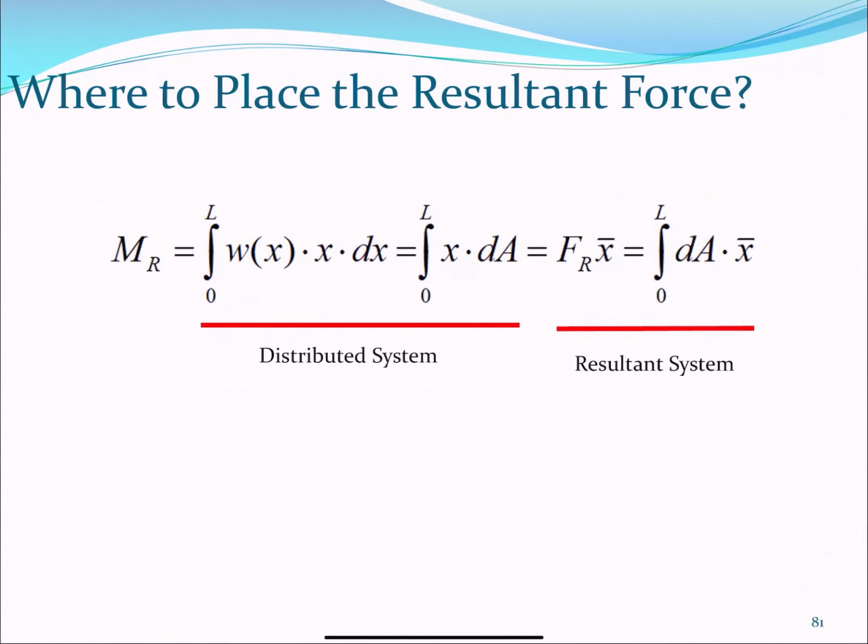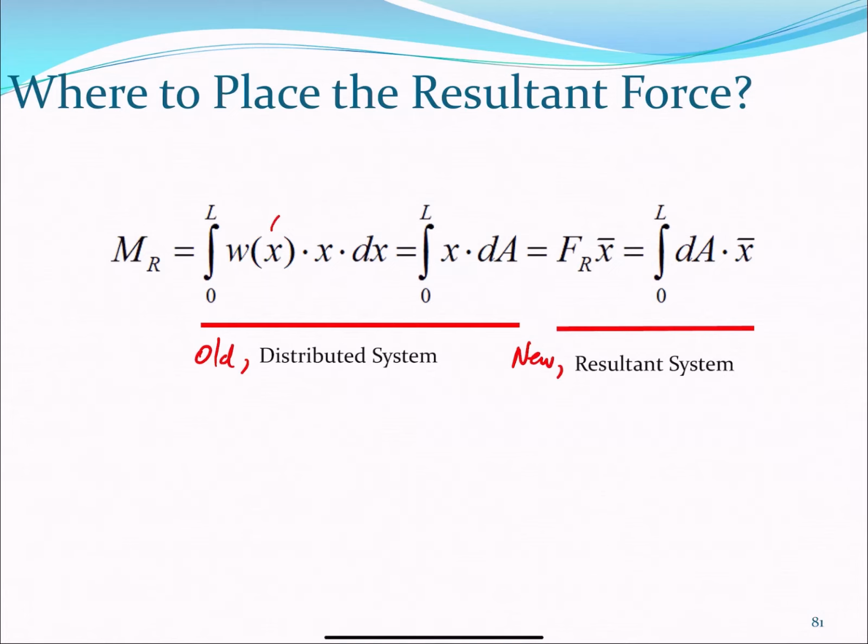So in a neat equation, we just write that the sum of moments is equal to the old moment. The old moment from the distributed system has to be the same as the new moment from the resultant system.